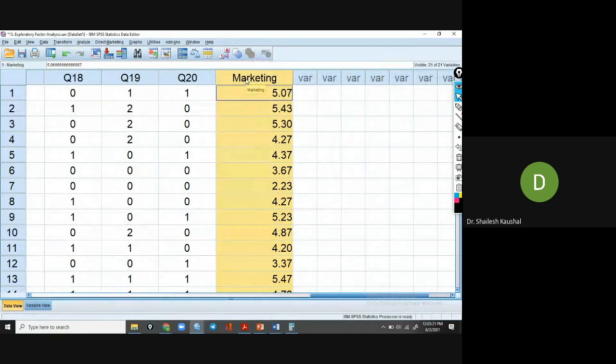This is one way, it is my one variable. I will create another two variables also in this sheet. Now after conducting the exploratory factor analysis, I will find which particular factor is the dependent or which one is the independent variable.